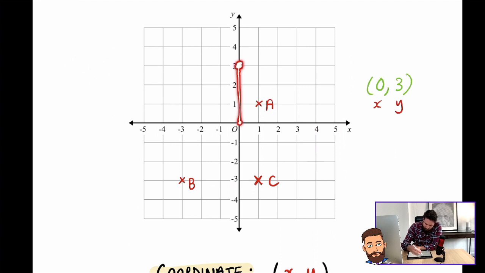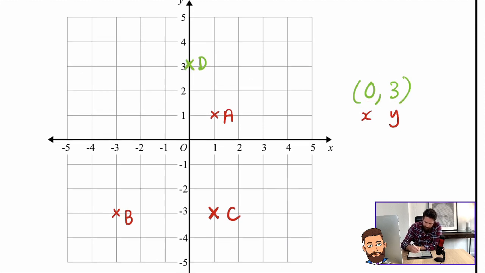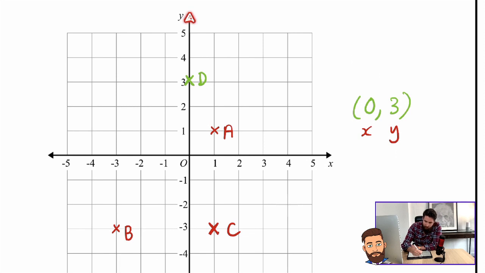What you'll see is that point there, if I put that in green, and we'll call that point D, the point 0, 3 actually lies on the y-axis. So it is a point on the y-axis, just there where I've marked D. It doesn't actually fall in a quadrant. It actually lies on the axis.